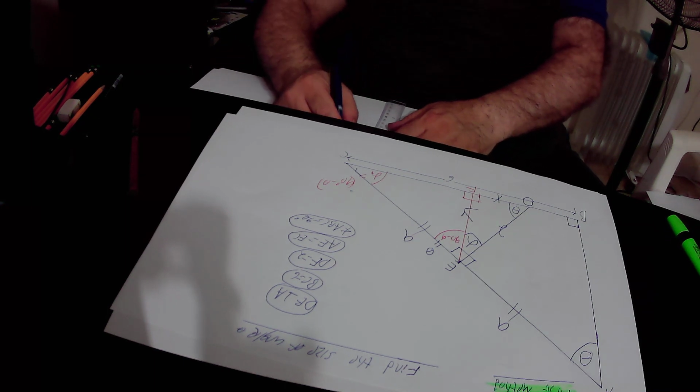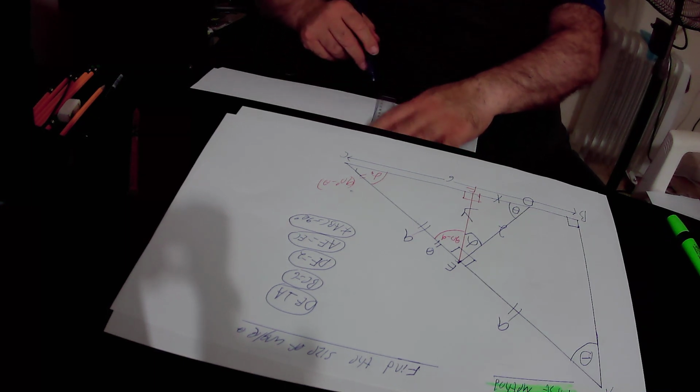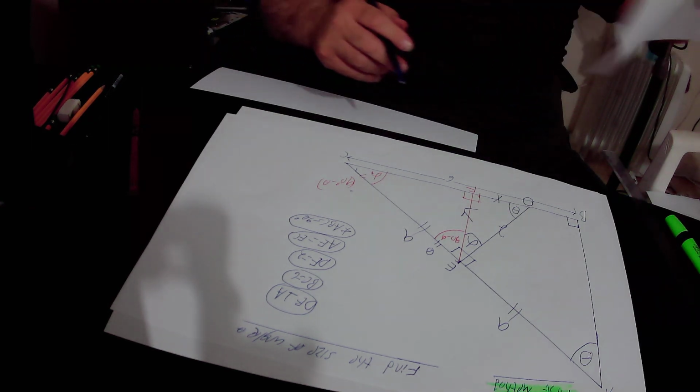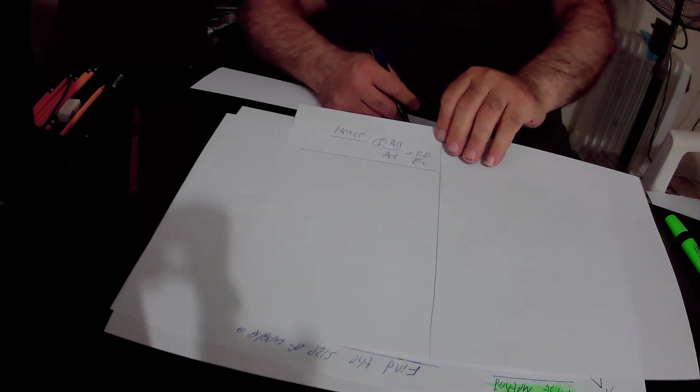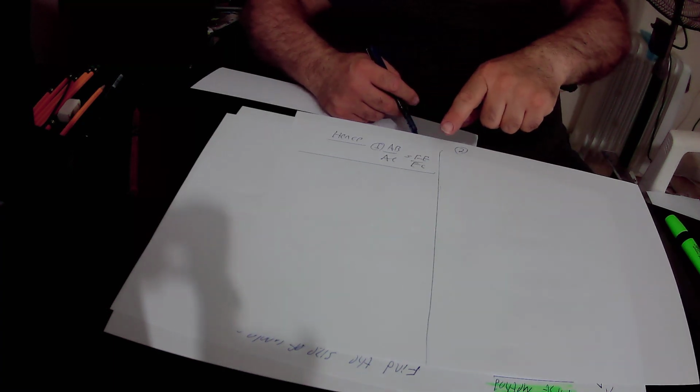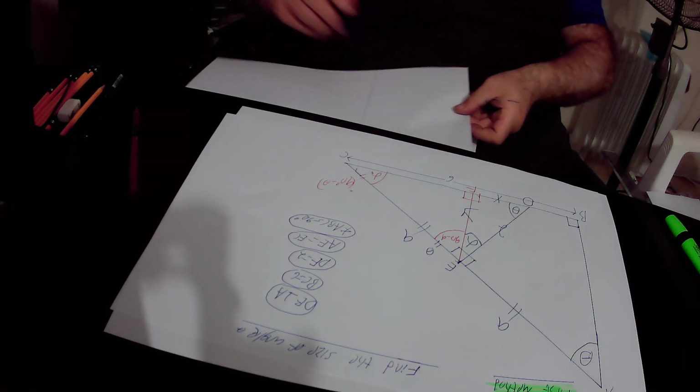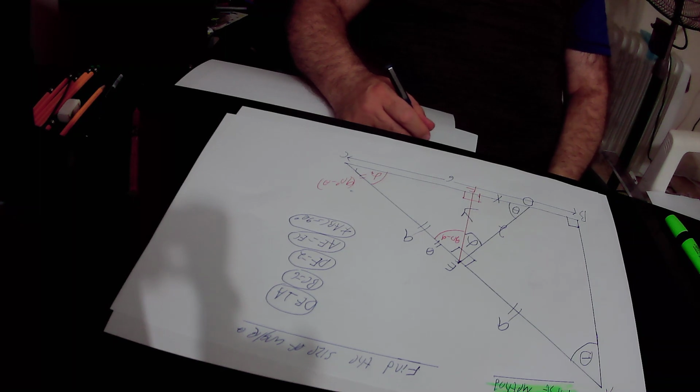I will repeat again. From the fact that triangle ABC is similar to triangle EFC, we will conclude that AB over AC equals EF over EC.